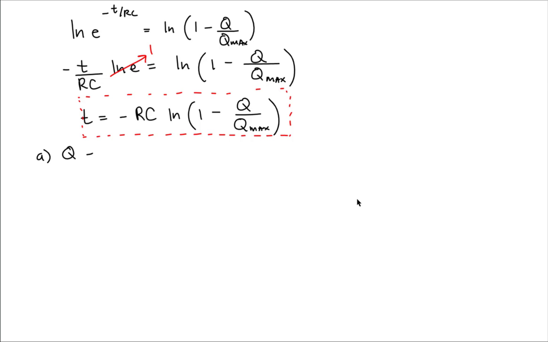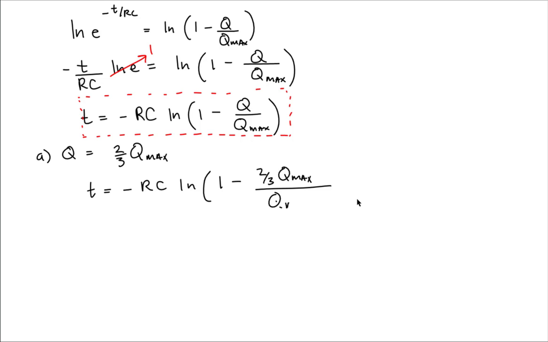So when our charge is at 2/3 of our maximum capacity, we could replace Q in our expression for time by 2/3 of our charge at maximum capacity. The Q max in the numerator cancels with the Q max in the denominator.